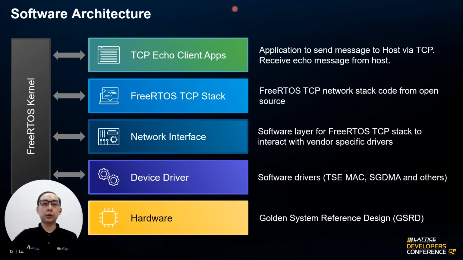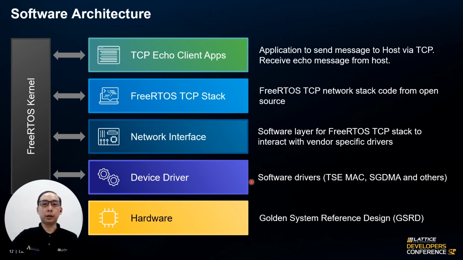This diagram shows the software architecture for the FreeRTOS software stack. Let's begin from the bottom layer. The hardware layer represents the Golden System Reference Design, or GSRD. Next is the device driver layer.